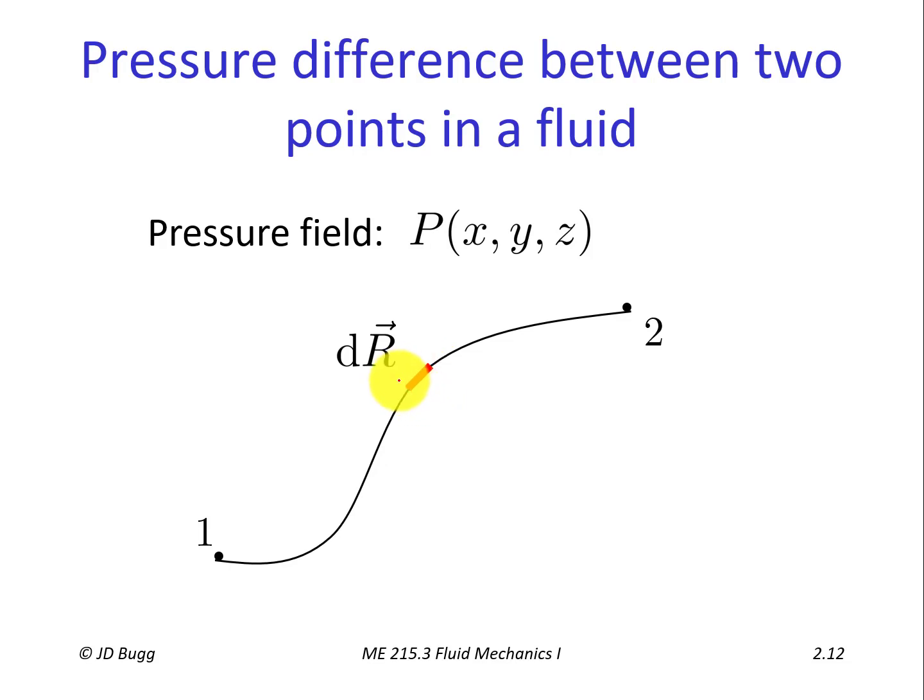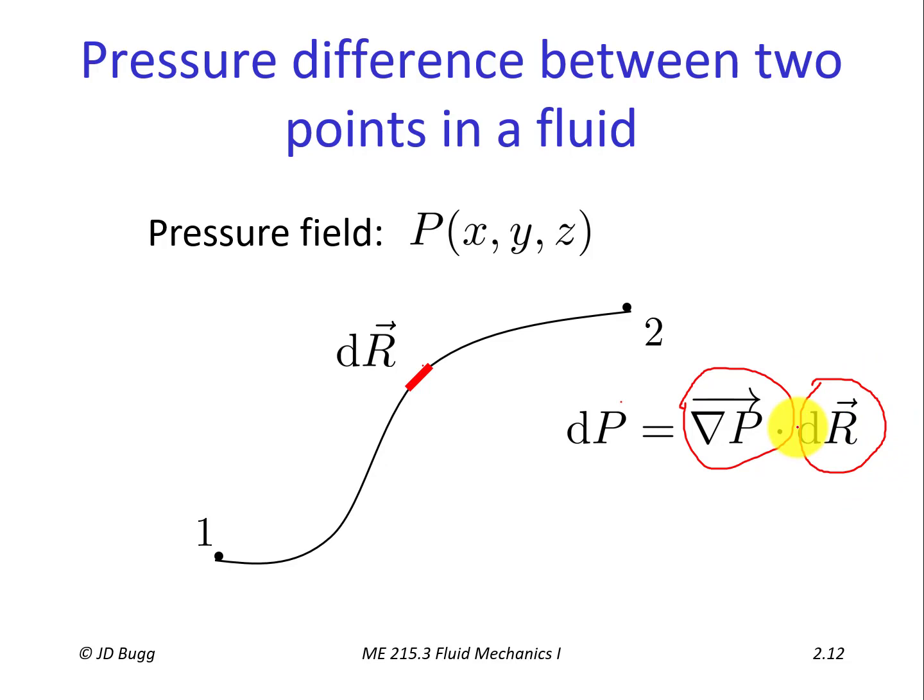So that pressure change, dP, as we move a very small distance, dr, is going to be the pressure gradient dotted with dr. So we have a pressure gradient field here. Pressure difference from there to there, dP, is the pressure gradient dot dr. So realize both of these things are vectors, but their dot product is a scalar, or a pressure change.